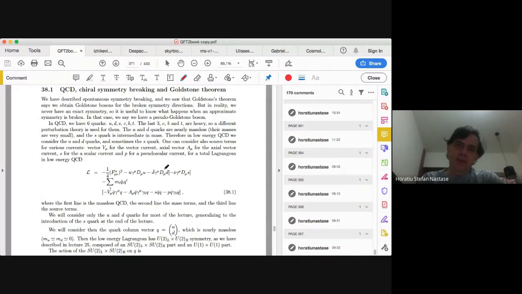So this is massless QCD. Then the mass terms, which are considered small, but in principle could be included. And then this source term, so V mu for the vector current, q bar gamma mu q, A mu for the axial vector current, so q bar gamma mu gamma 5 q, S for the scalar current, q bar q, and P for the pseudoscalar current, q bar gamma 5 q.